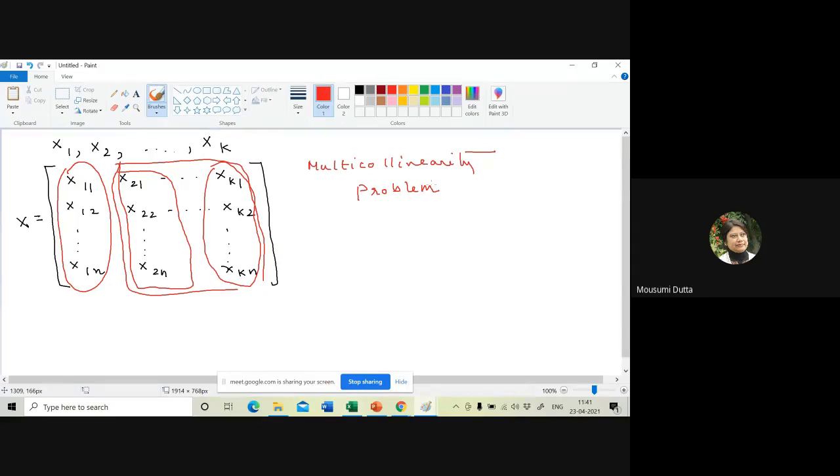And in the presence of multicollinearity, we do not get efficient estimators of regression coefficients.